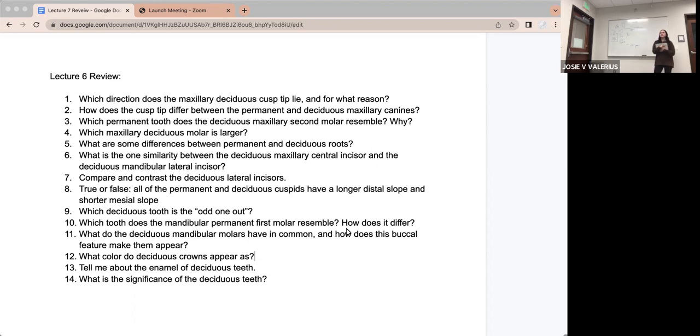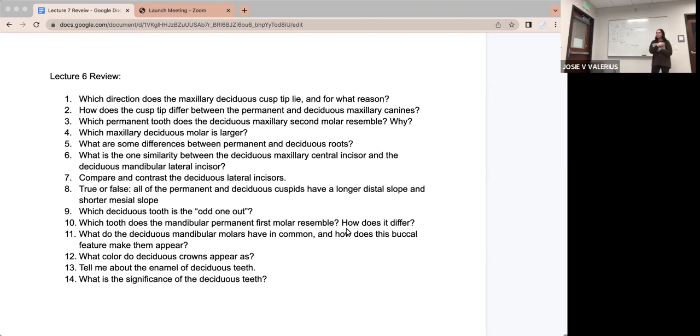So for this, make sure you go back and check the slope sizes relative to one another. The way I think about it is they all have a longer distal slope and a shorter mesial slope besides the deciduous maxillary. And it's flipped.